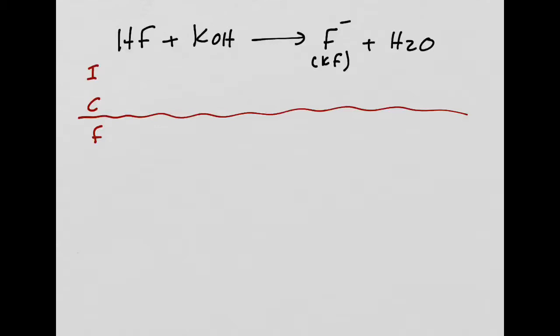Remember, if you have an acid-base reaction, you want moles. In this problem, I made it easy for you. I said we have 0.25 molar hydrofluoric acid and 0.45 molar sodium fluoride in a 1 liter solution.